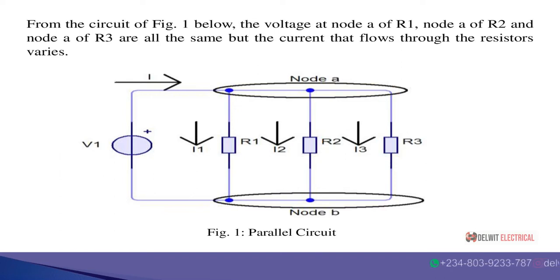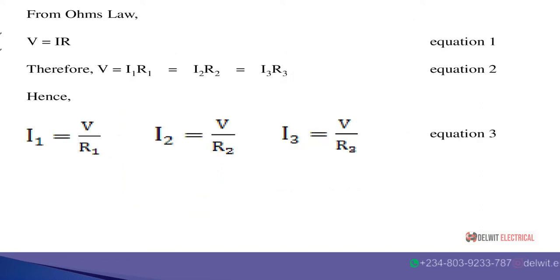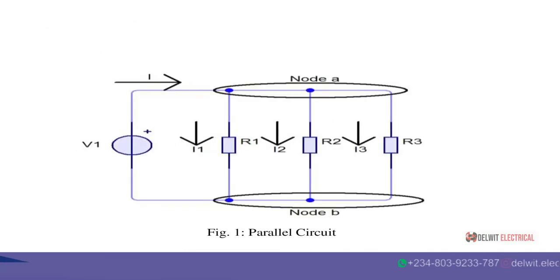That means all of them have the same voltage across them, but different currents flow through them. From Ohm's law, where V is equal to IR, since different currents flow through, we have I1 flowing through R1, I2 flowing through R2, and I3 flowing through R3.